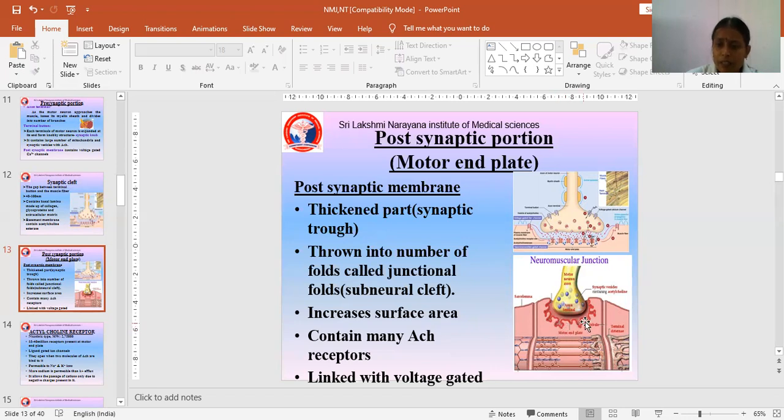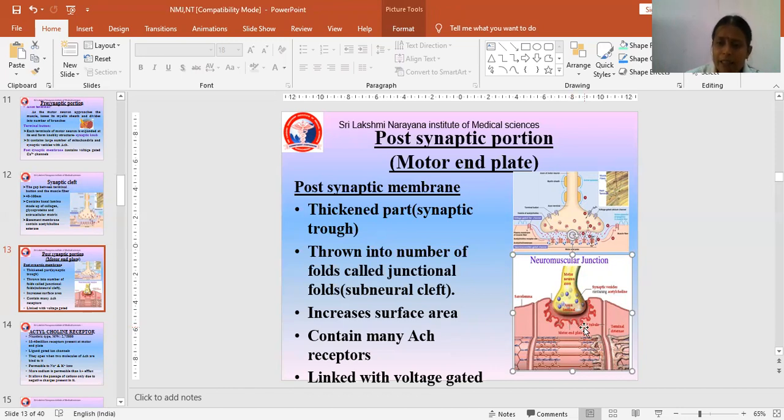Since these folds increase the surface area, they contain many acetylcholine receptors. I said many acetylcholine receptors it contains.